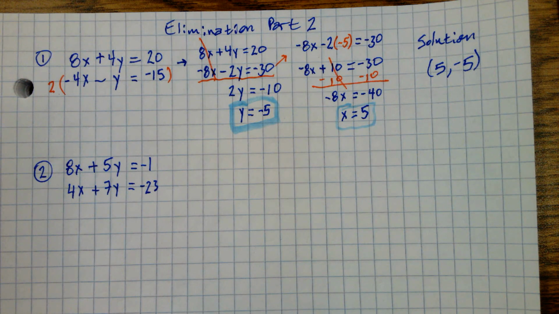And it's something for tomorrow. So study your coefficients. You have 8 and 4. Here you got 5 and 7. And we want them to be opposites. You want a positive and a negative of the same absolute value.